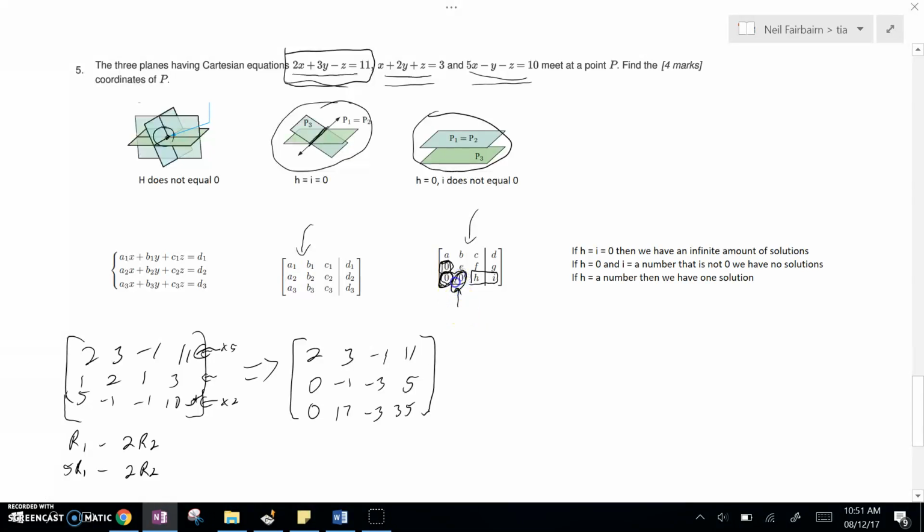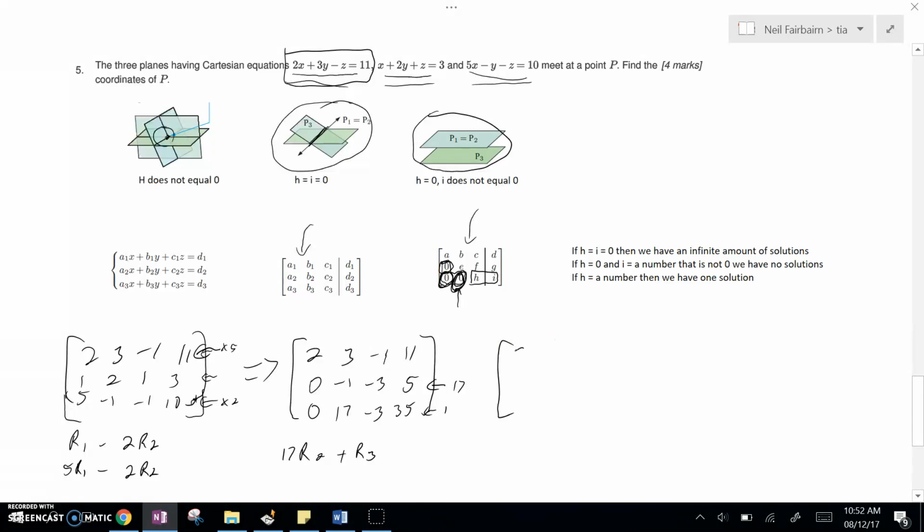Now we're going to look at this one. This digit here, we're going to have to change that into a 0. So what we're going to do is multiply this by 17 and this by 1 and then add them together. So we're going to do 17 row 2 plus row 3. First, row 1 is not being affected. Oops, sorry about that.